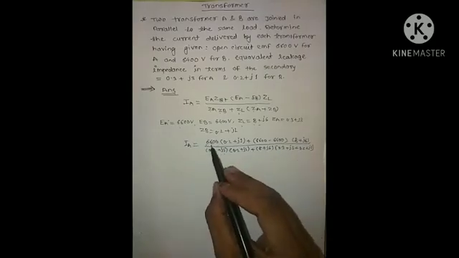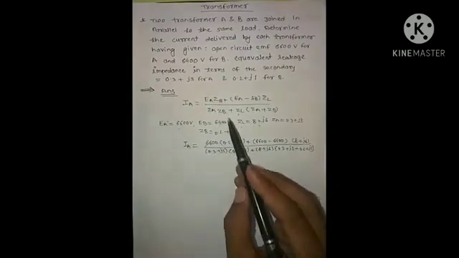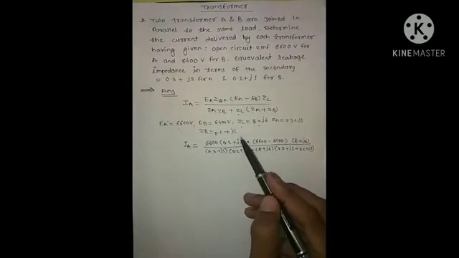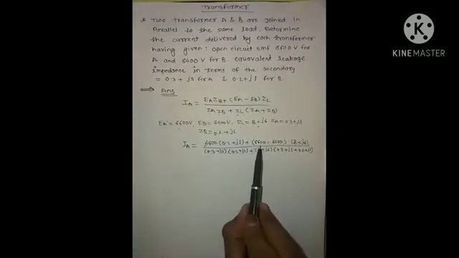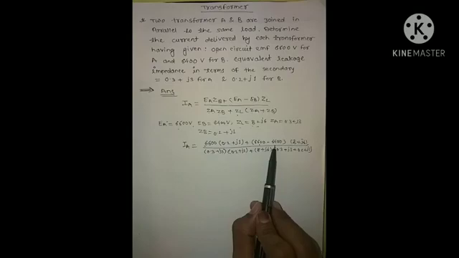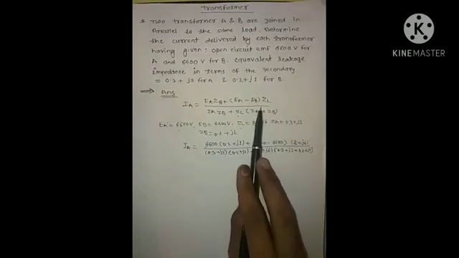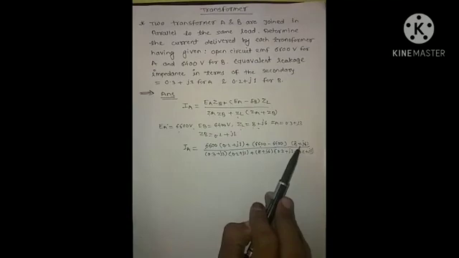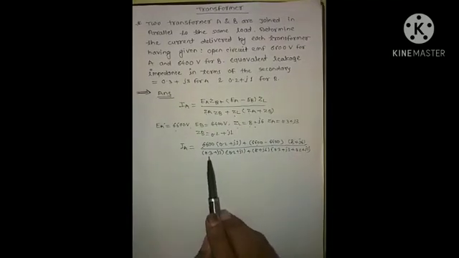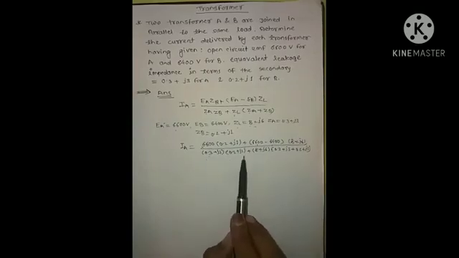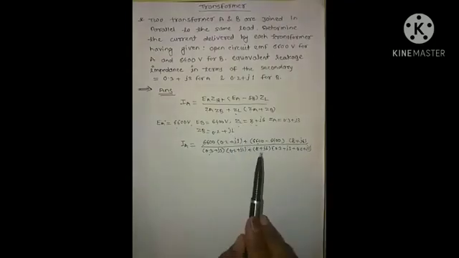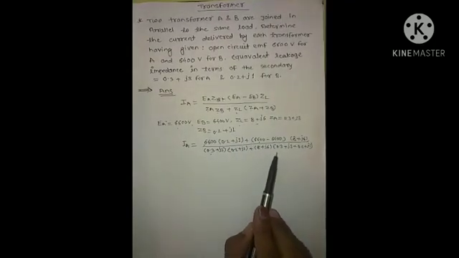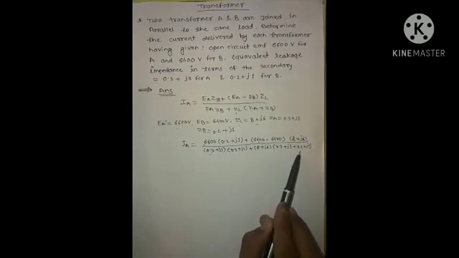Here 6600 is the value of EA, 0.2 plus j1 is the value of ZB, 6600 minus 6400 is EA minus EB multiplied by 8 plus j6, the value of ZL. ZA is 0.3 plus j3, and the bracket of ZA plus ZB is 0.3 plus j3 plus 0.2 plus j1.